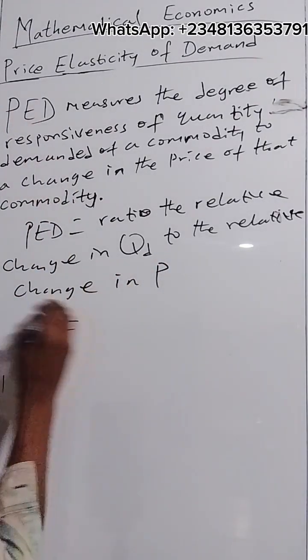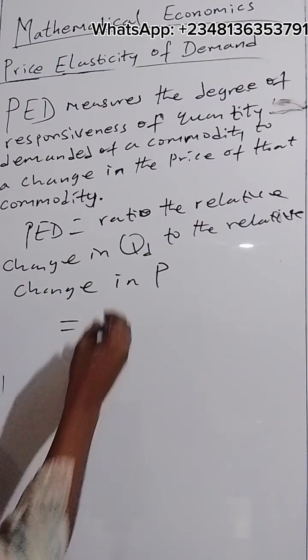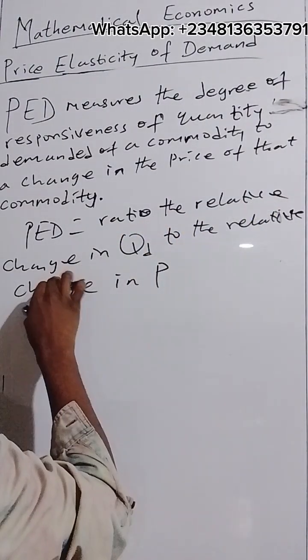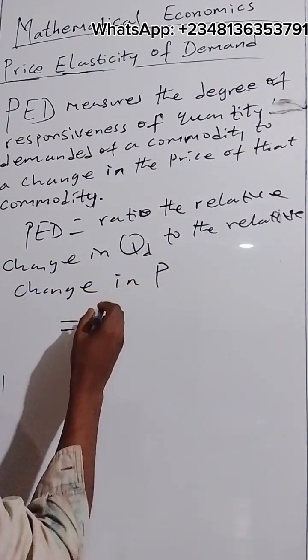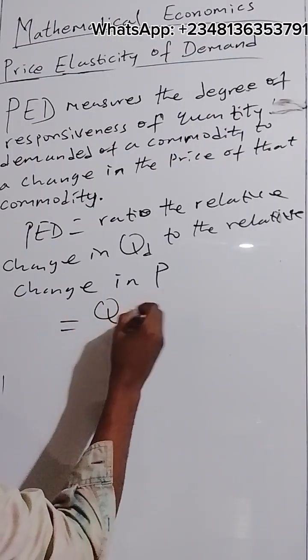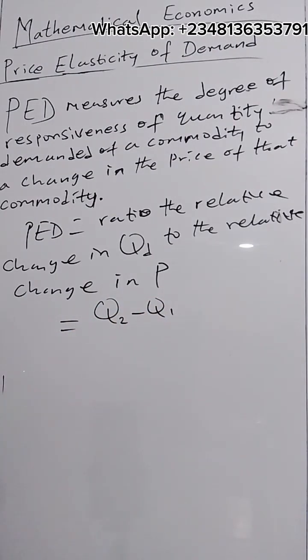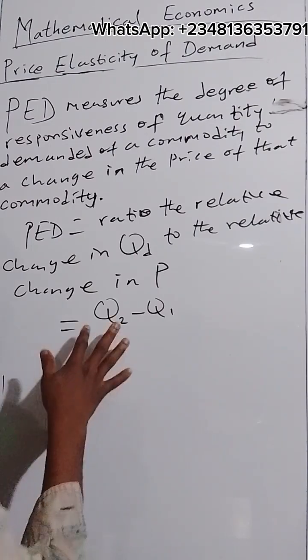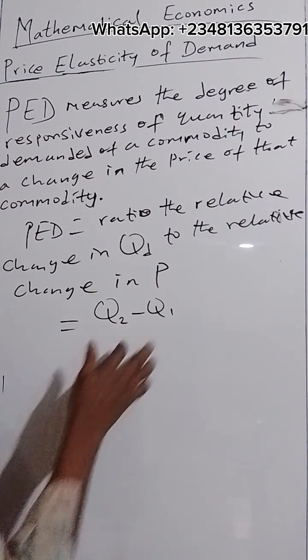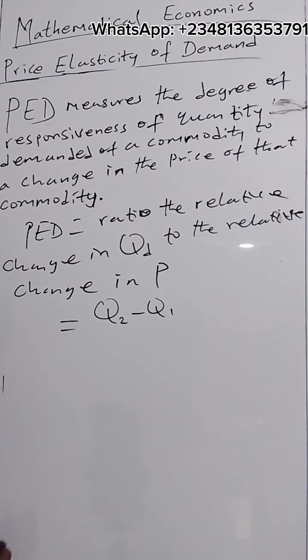Mathematically, it can be expressed as the ratio of the relative change in quantity demanded, that is Q2 minus Q1 over Q1, where Q2 is the new quantity demanded and Q1 is the old quantity demanded.